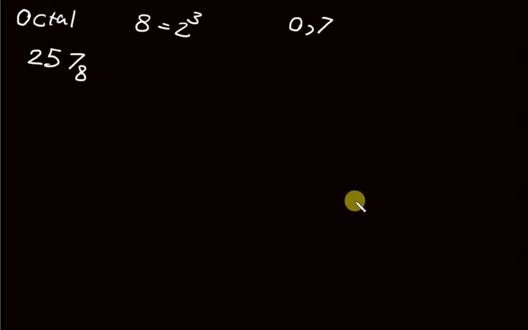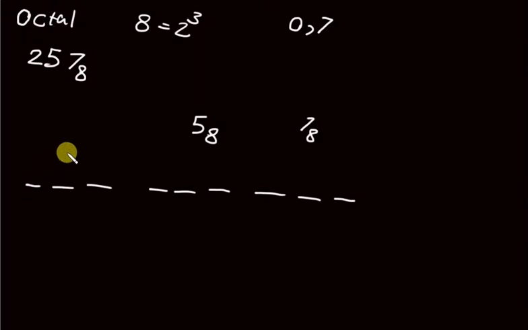We put 1, 2, 3 places for number 7, which is base 8, then 1, 2, 3 for 5, and then 1, 2, 3 for number 2.